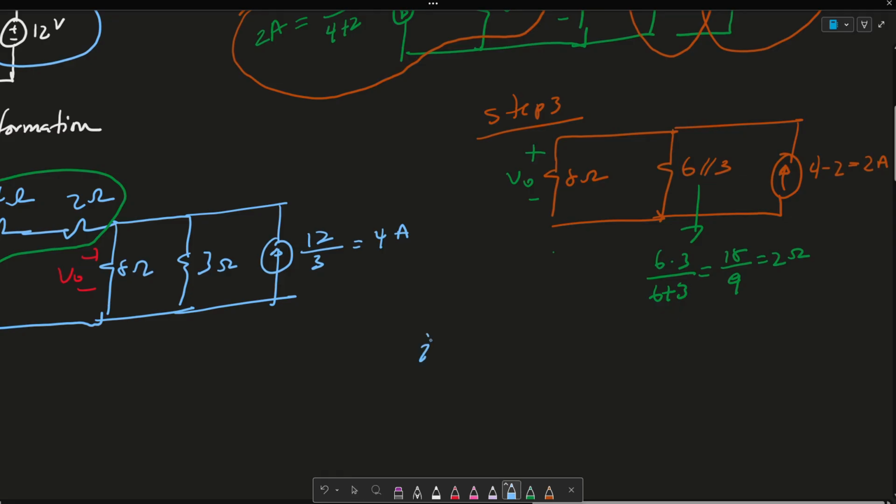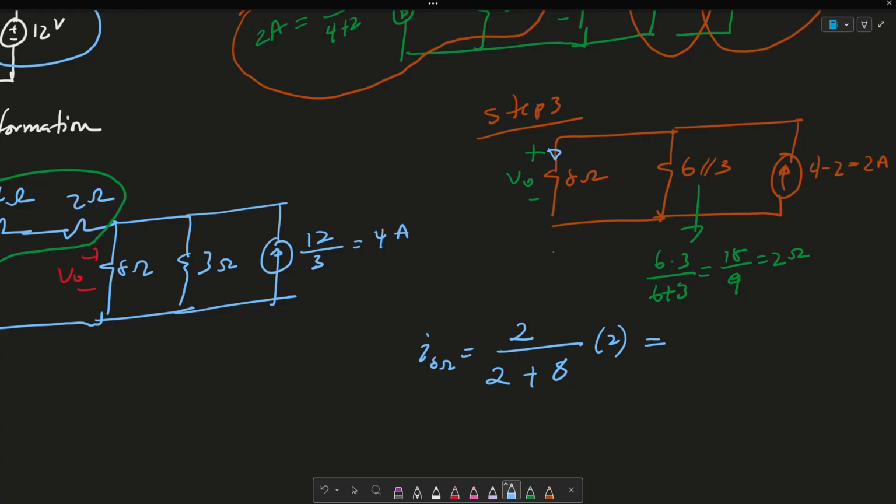So I'm going to say I 8 ohm is simply 2, which is the resistor that we're not trying to find the current through. It goes on the numerator, divided by that resistor plus the resistor that we are trying to find the current through. Then we multiply by our current source.